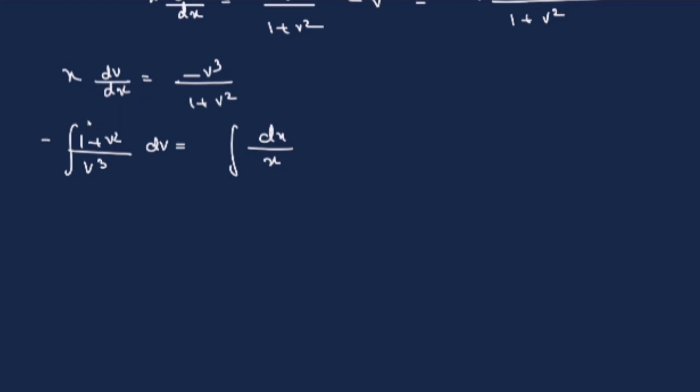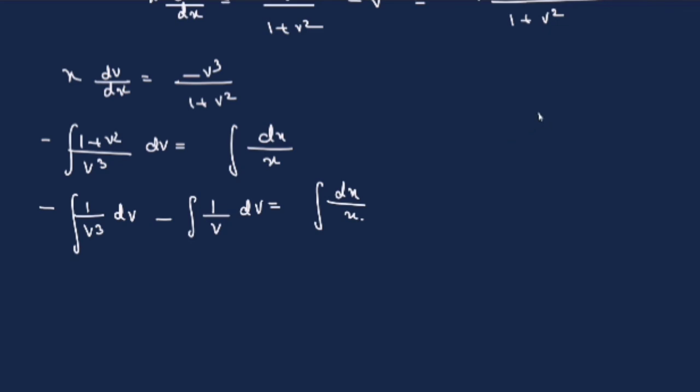Variable separate method. Now you divide: minus 1 by v cube dv minus v square by v cube is 1 by v dv is integration of dx by x.